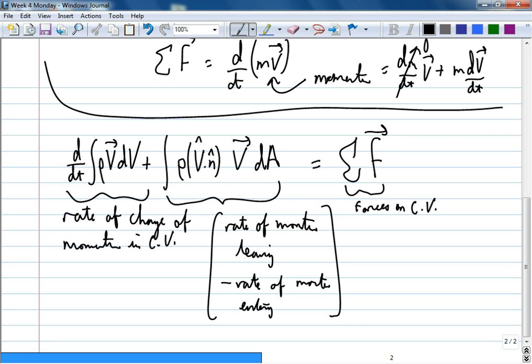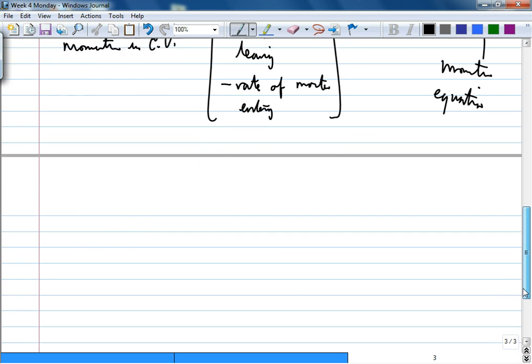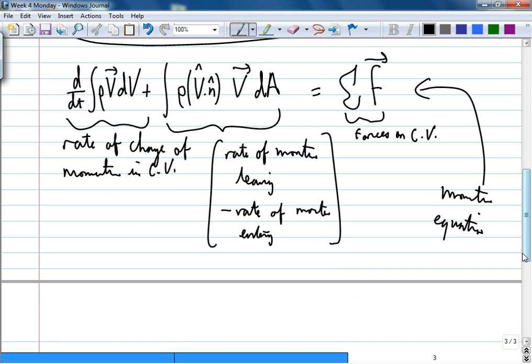It's all right. Okay. So this is the momentum equation. If you have to break this down, you could break this down into three if you wanted to.